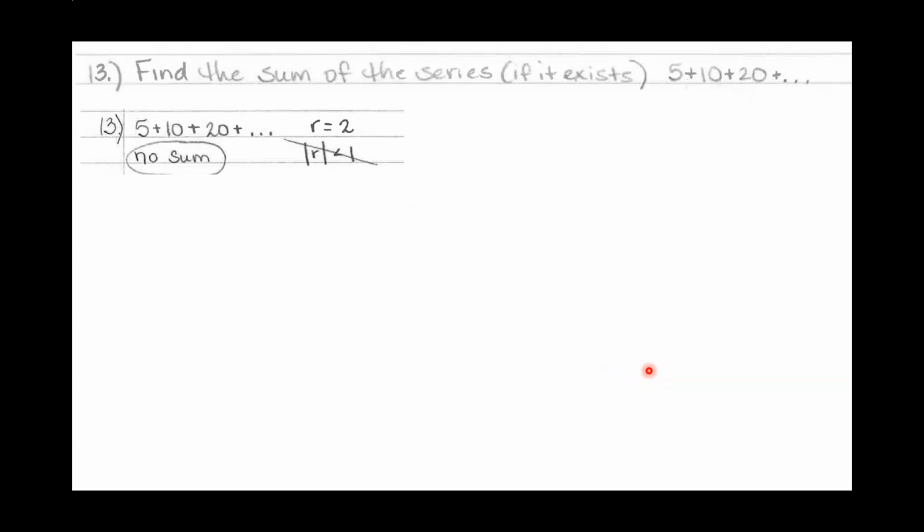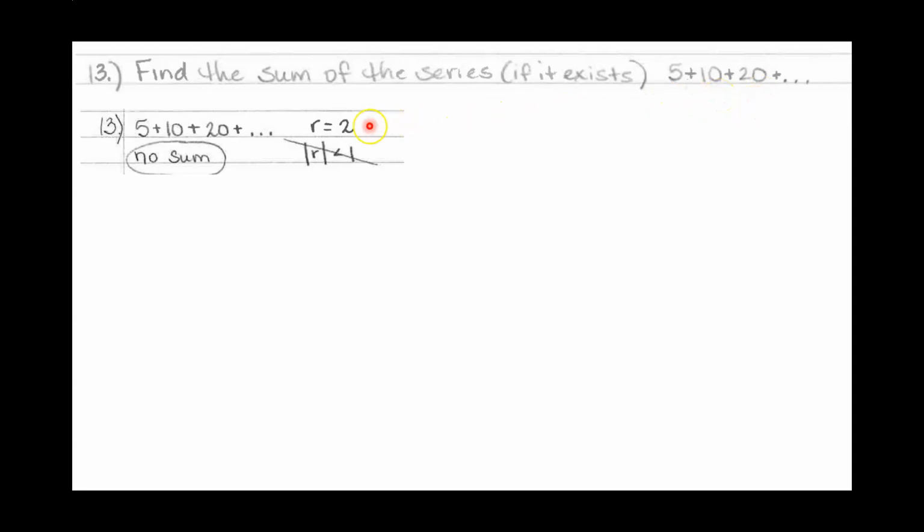All right, for 13, it asks us to find the sum of the series. And you'll notice that the dots go off to infinity here. And so we know that, again, this is an infinite sum. So let's see if it's arithmetic or geometric or what it might be. So if we do 10 divided by 5, that's 2. 20 divided by 10, that's 2.